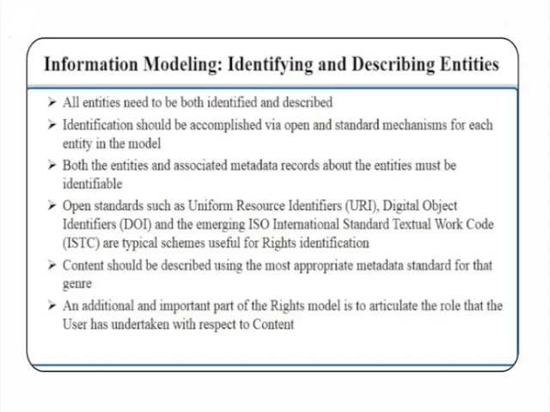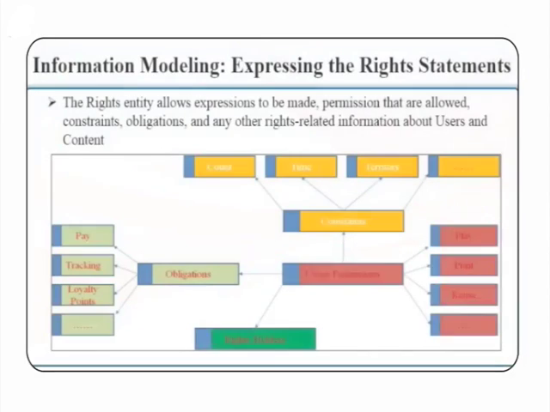An additional and important part of the rights model is to articulate the role that the user has undertaken with respect to the content. The right entity allows expressions to be made of permissions that are allowed, constraints, obligations, and any other right-related information about user and content.